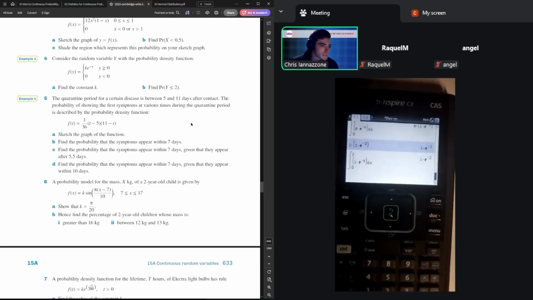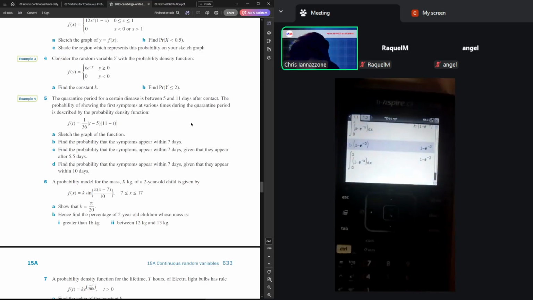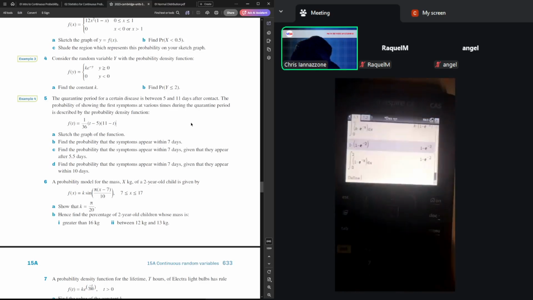It's quadratic, we can see that off rip. Sketch the graph of the function, sure. Function is equal to 1 on 36 times (x take 5) times (11 take x).